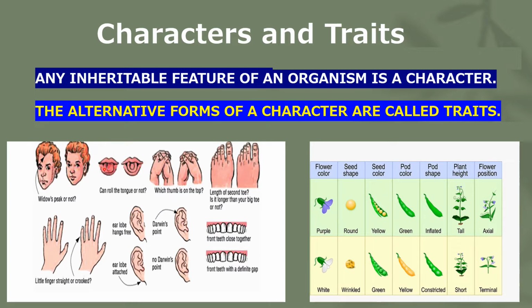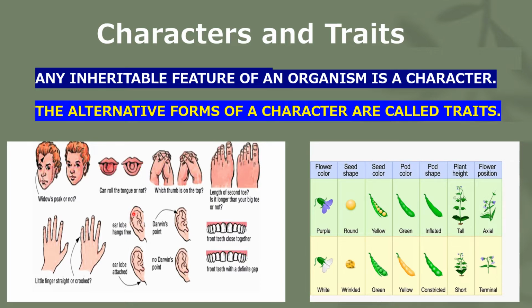That is another trait. So in the tongue rolling character, there are two traits, rolling of tongue and no rolling. Then another example, earlobe. Earlobe hangs free, that is one trait. Earlobe attached is another trait. These are some examples of character and trait.